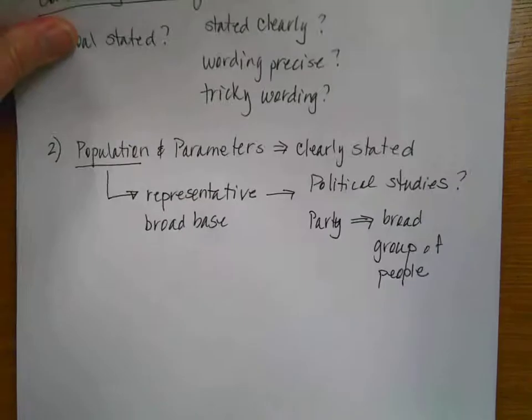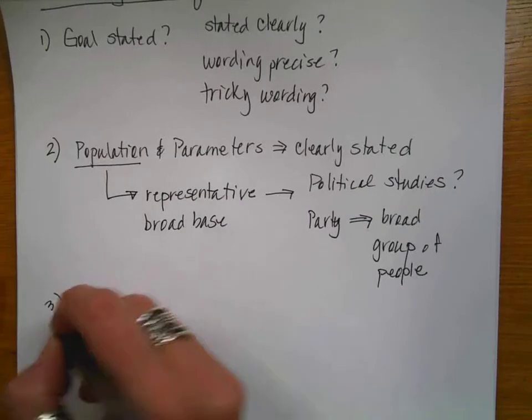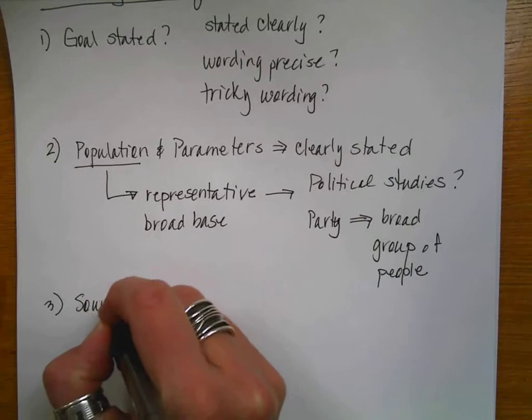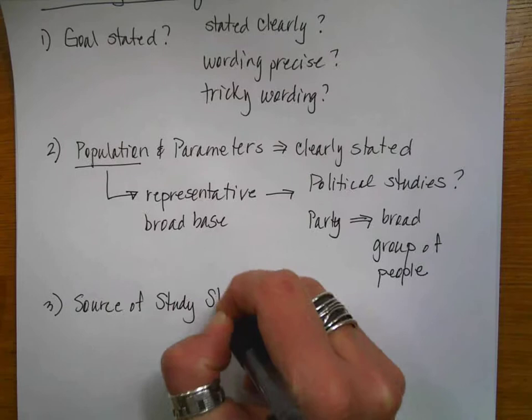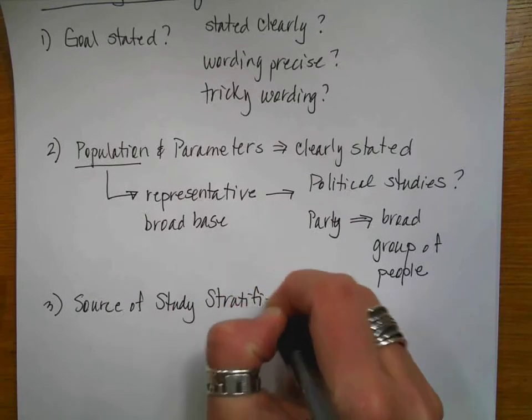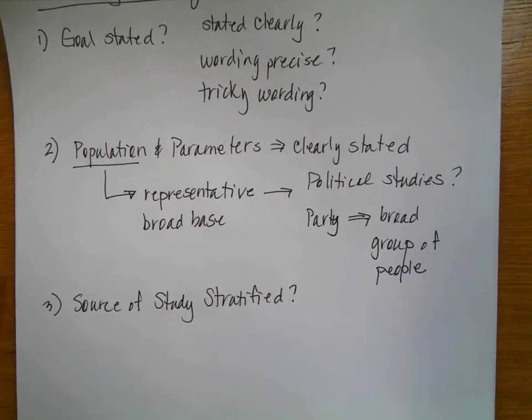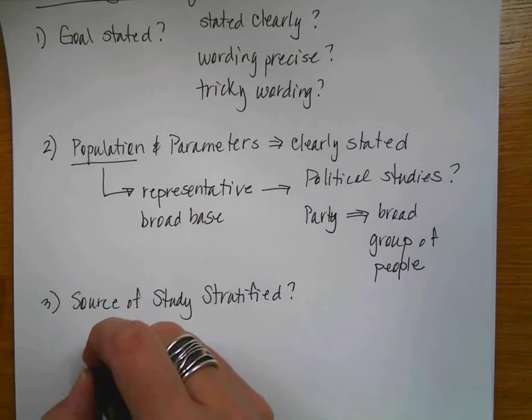The next thing that we're going to look at for number 3 is whether the source of the study is stratified. Here's an example of what that means.